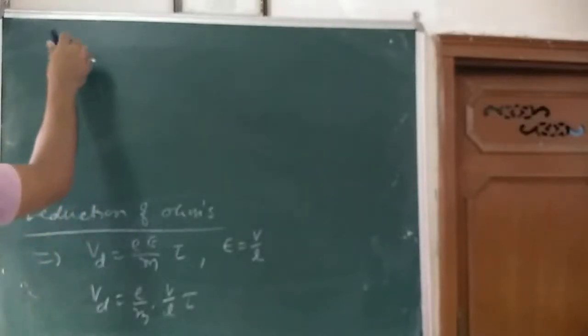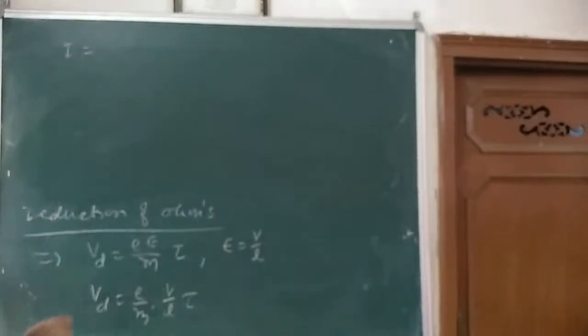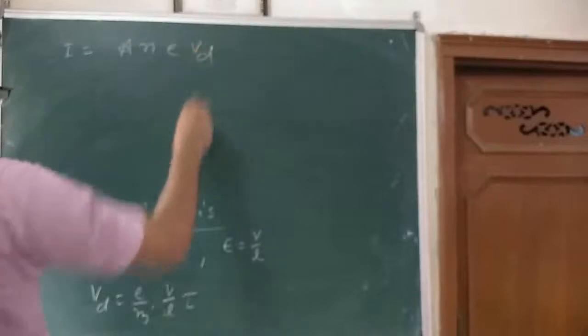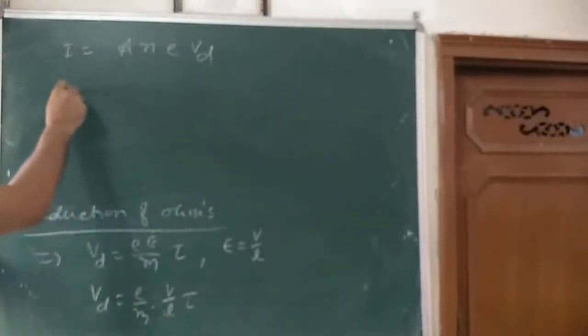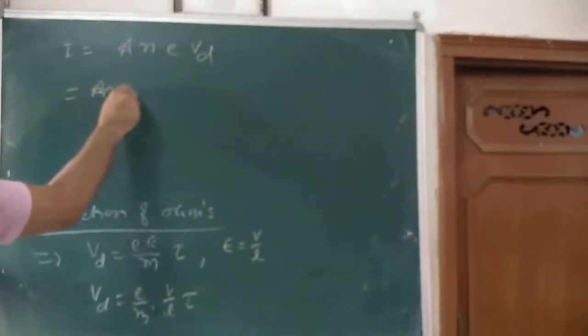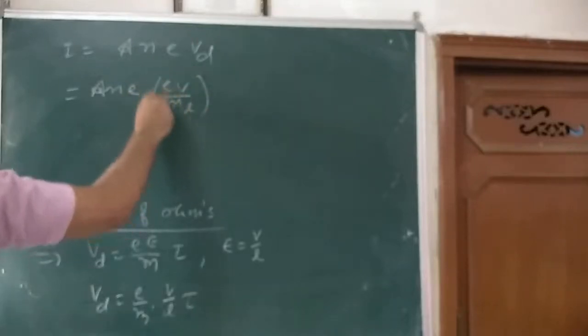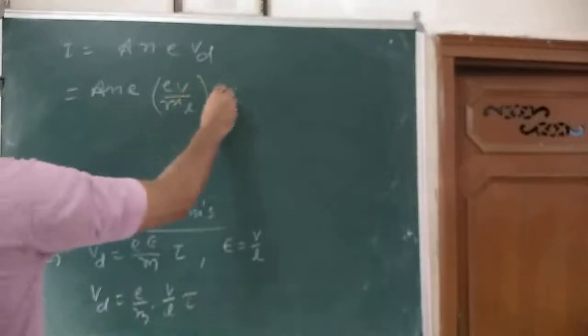I also know the formula of current, which we just derived, that is I = A N E Vd. Put this value of Vd here. So I comes out to be A N E, E V by m L into tau.